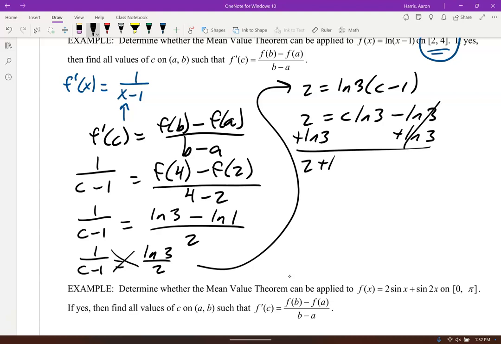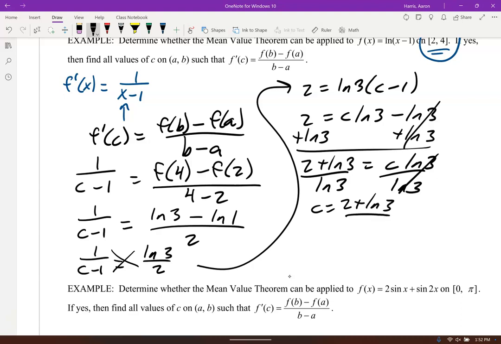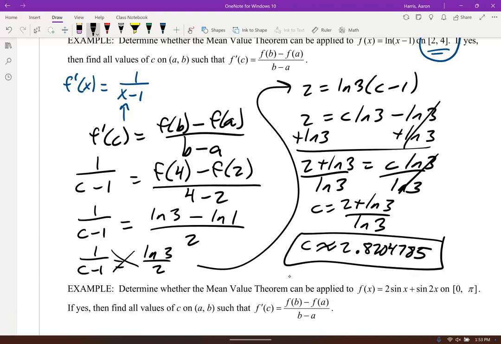So I got 2 plus the ln of 3 equals C ln of 3. I'm going to divide by the ln of 3. And so C is 2 plus the ln of 3 all over natural log of 3. Or you could punch that in. And notice that is in the interval from 2 to 4. That's that C value that's in between there.